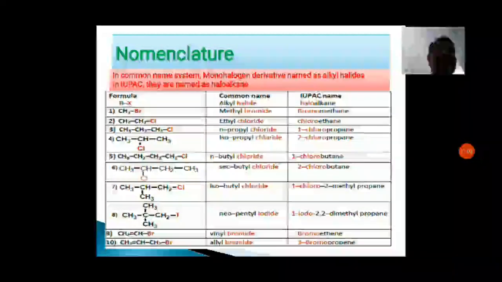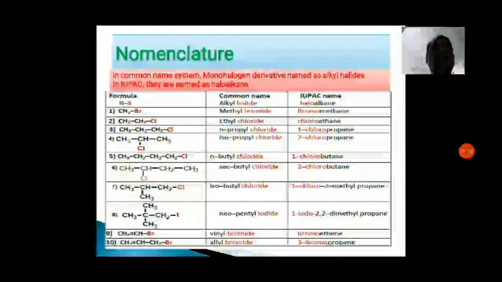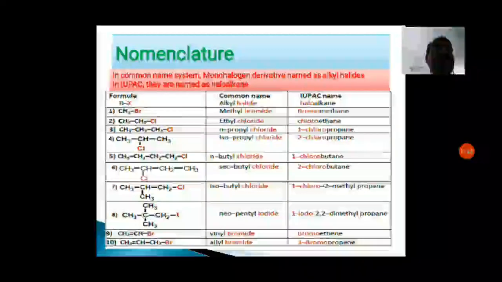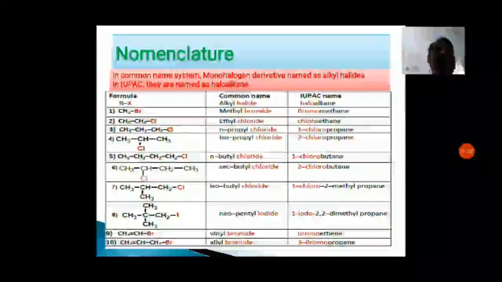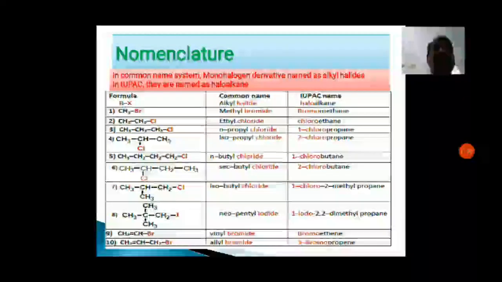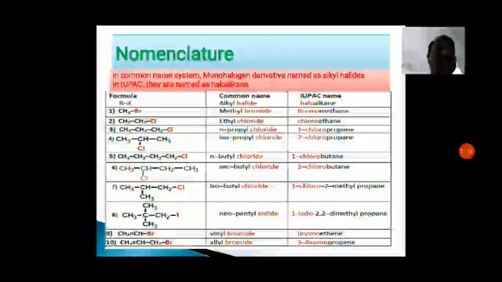Because the CH2 group to which the chlorine atom is attached is also attached to a CH, which has two branches of CH3, therefore it is called iso. All the carbon atoms are of butyl, and the halogen is chlorine, therefore it is isobutyl chloride.